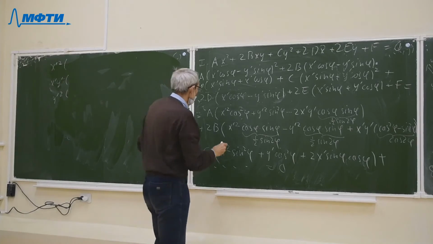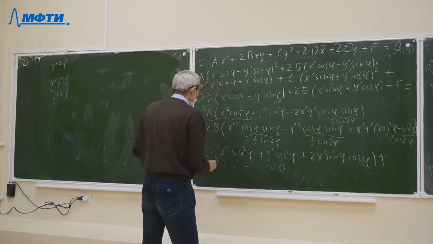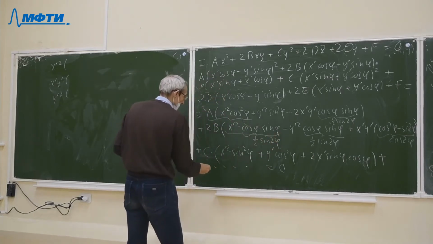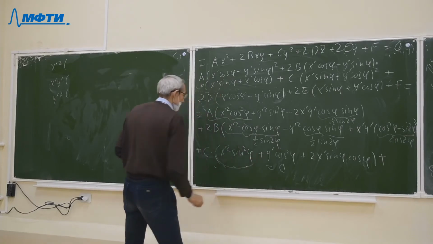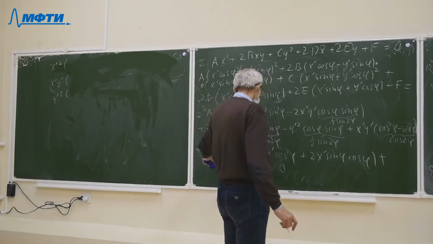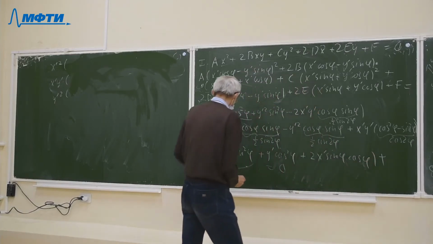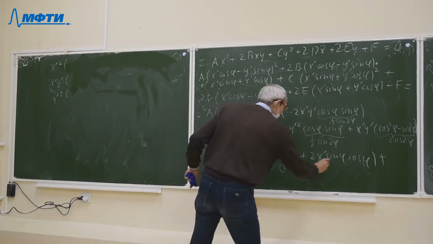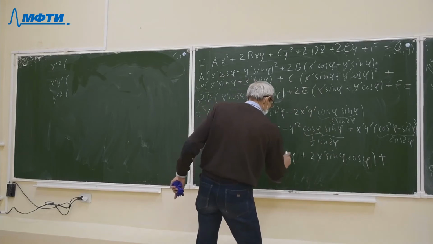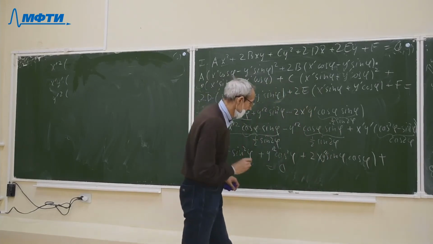X prime square. This term, this term, and this term. C? Ah, C, yes, C. Y prime, okay, thank you. This prime square and y prime, yes, y prime.